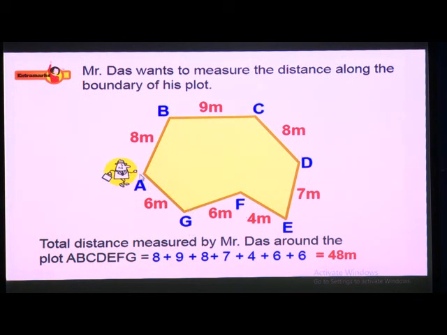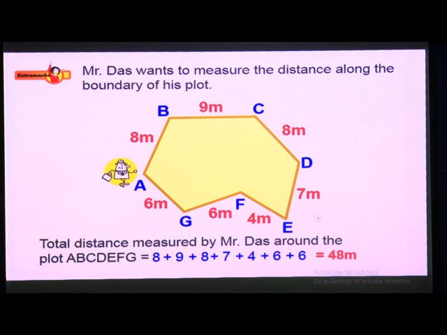Now we are going to find the distance first between A and B. It is 8 meter, then B and C 9 meter, C and D 8 meter, D and E 7 meter, E and F 4 meter, and F and G 6 meter. Total distance measured by Mr. Das around the plot A, B, C, D, E, F, G is equal to 8 plus 9 plus 8 plus 7 plus 4 plus 6 plus 6.